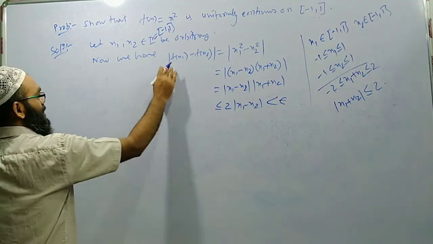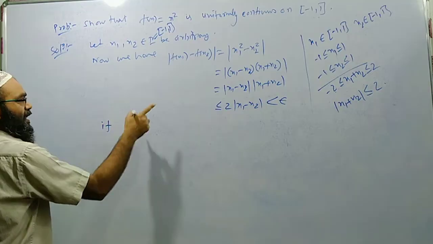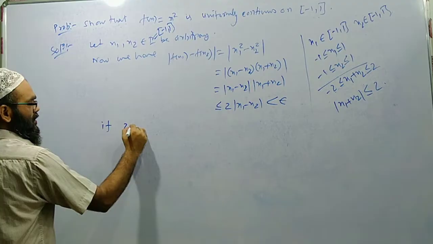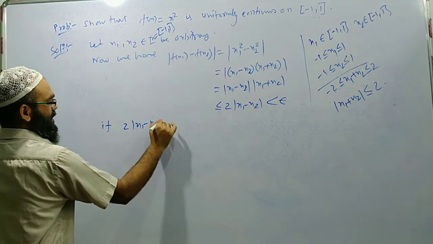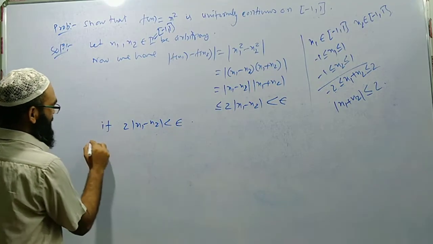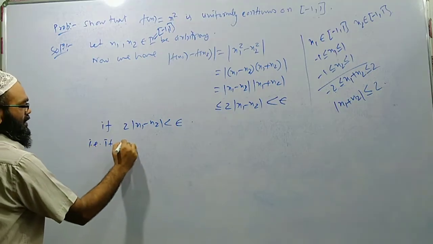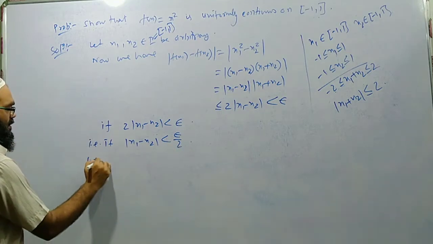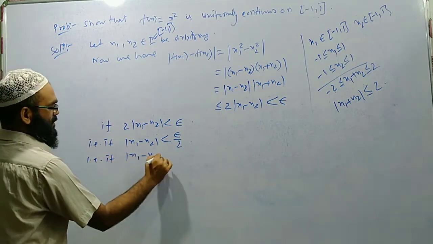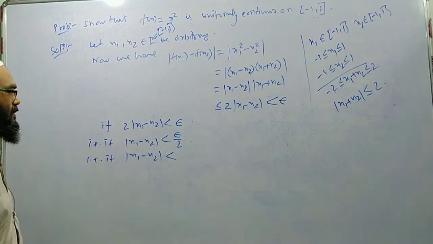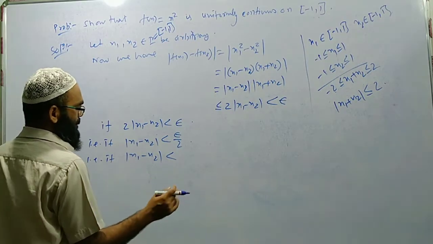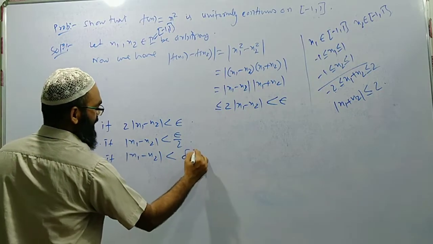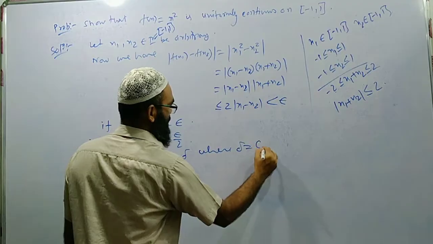So this occurs when 2 into mod of x1 minus x2 is less than epsilon, that is, if mod of x1 minus x2 is less than epsilon by 2, that is, if mod of x1 minus x2 is less than delta, where delta equal to epsilon by 2.